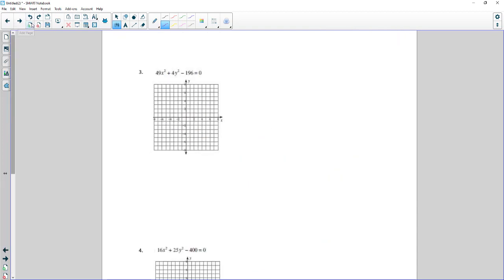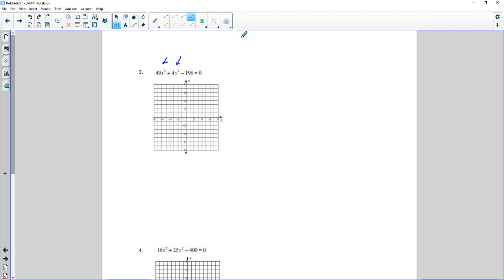Okay. Here's where it gets a little more challenging, because now they're giving me the equations in general form. So we're going to convert these by completing squares. What I have to do here is group my x's and my y's, and that's not a whole lot of work. It's actually going to be pretty easy because there's only one term for each.